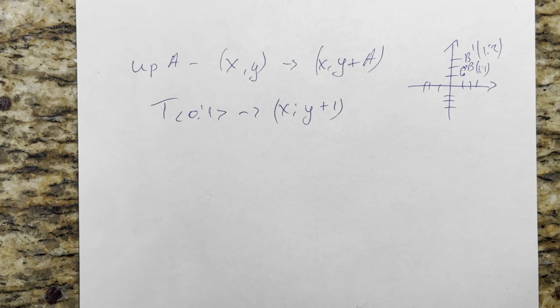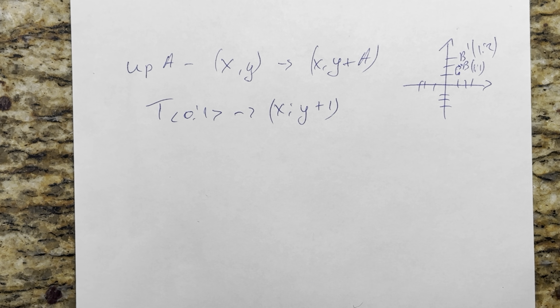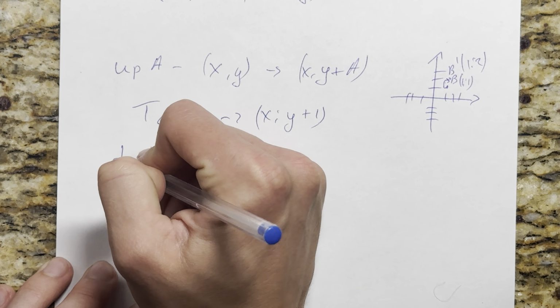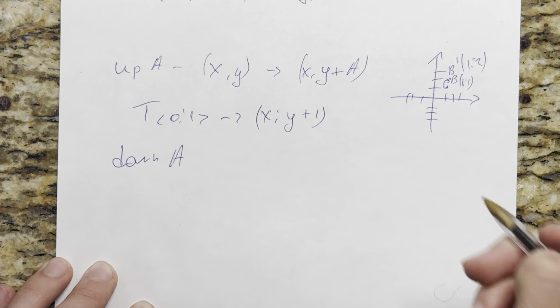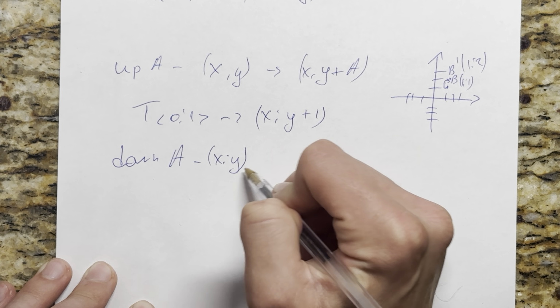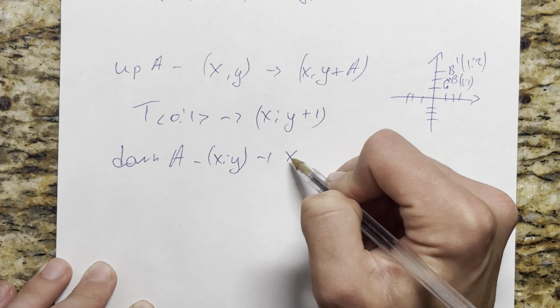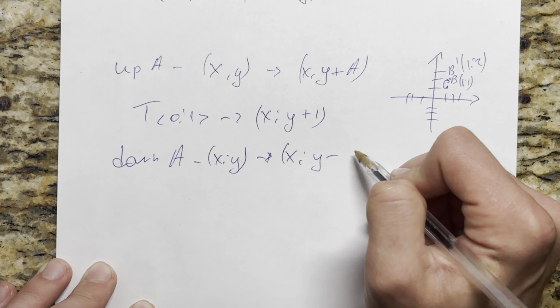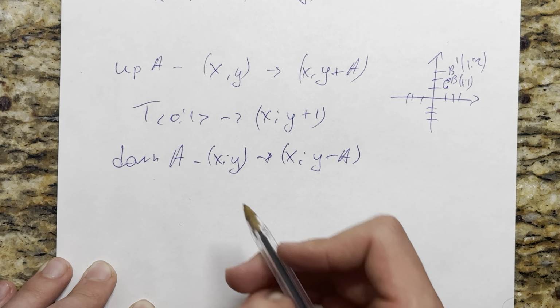And a kind of similar thing if you want to translate something down by a points. So from our original coordinate of the point, we'll have to leave the x by itself, and from y we have to subtract as many points as we want to move down by.